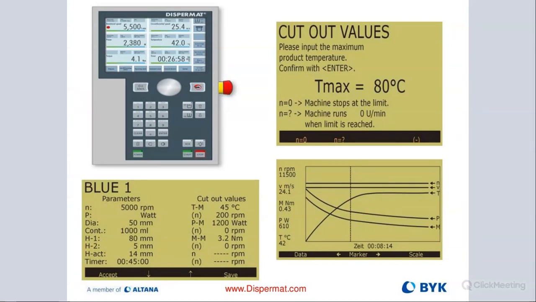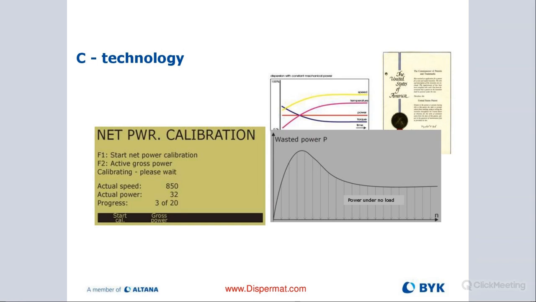So we have an upper and a lower limit in our container, especially when we're dispersing, where we don't want the blade to get lifted above the container while the machine is running. So we can set that there. And then obviously the cutoff values for our temperature, but I can also have cutoff values for speed or energy, depending on how I run my experiments.